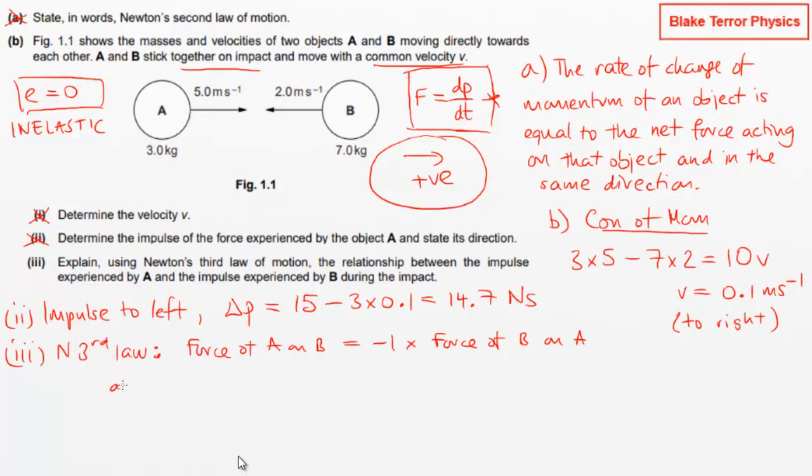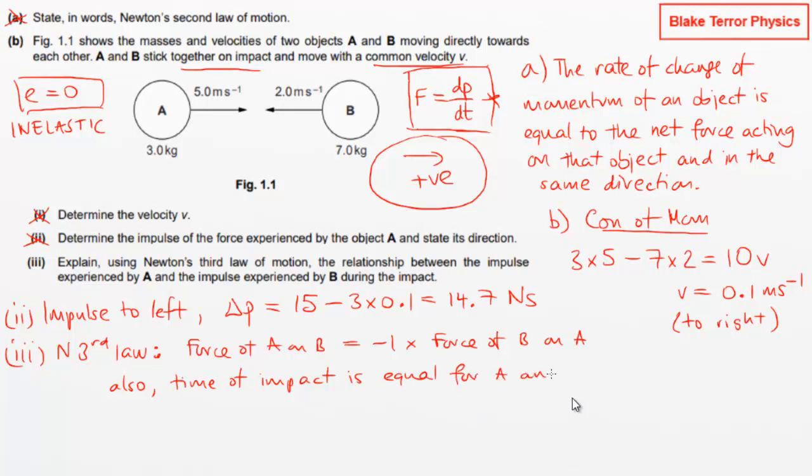We can also say the time of impact is going to be equal for A and B, because they're hitting each other, so they must have exactly the same impact time.